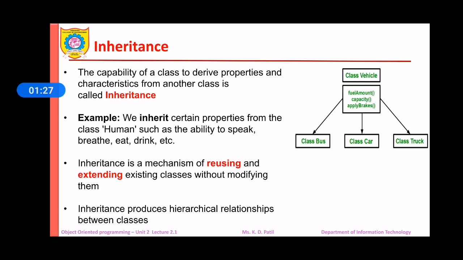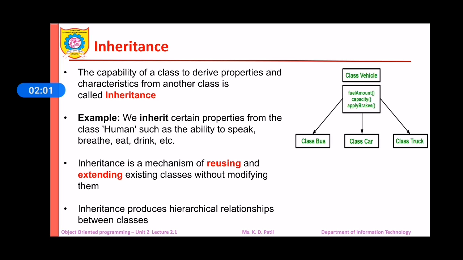If you observe the remaining three classes, that is class bus, class car and class truck, those three classes may have the same properties such as fuel amount, capacity and apply brakes. Now, these three classes can derive the properties, the characteristics from the class vehicle, that is reusability. These three classes will use these three properties as they are without modifying them.